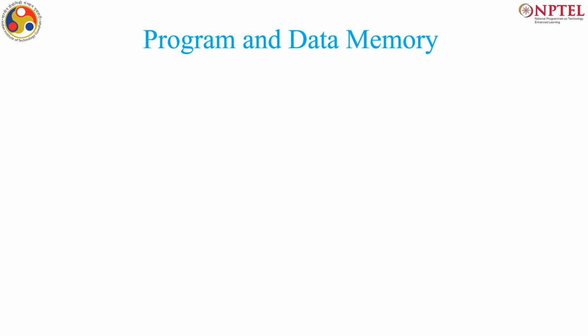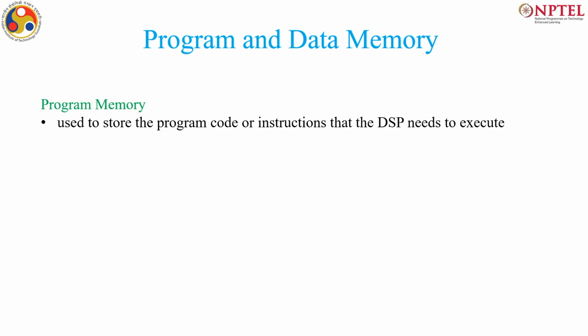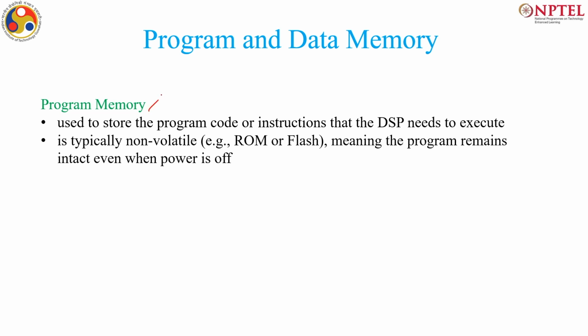So coming to program and data memory. Program memory is used to store the program. Like you write the code on the computer and then click on run or execute, you have connected your DSP, so that code goes as binaries to the processor's program memory, and this is typically non-volatile. That is, I may want my DSP to work on a single kind of operation, say it will just do filtering of voice signal.